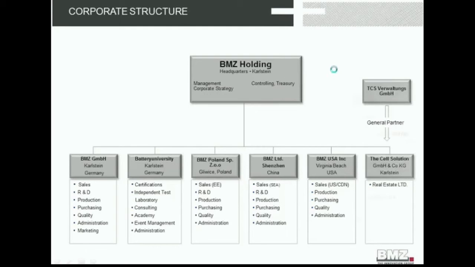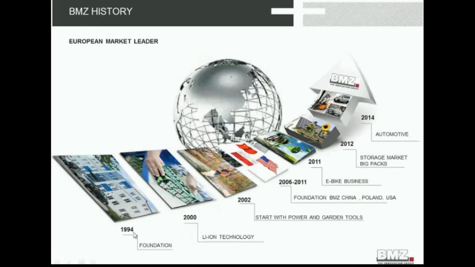We started in 1994. In 2000, the lithium-ion technology got introduced, and we were more or less responsible for introduction of lithium-ion technology in Europe and in Germany. In 2002, we started with power and garden tools.